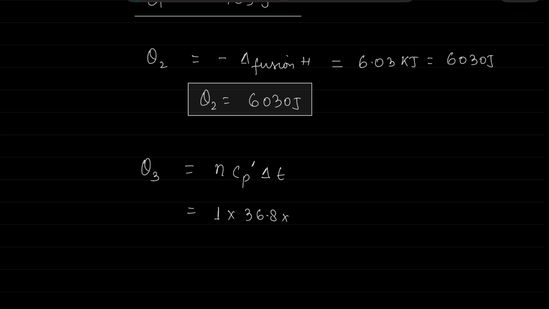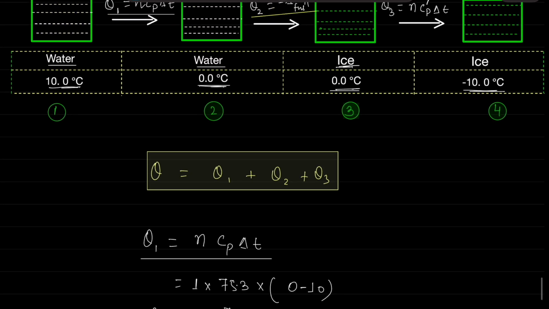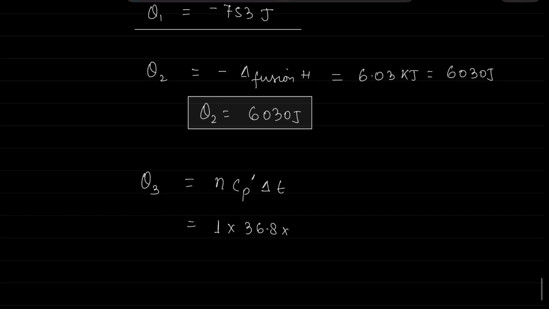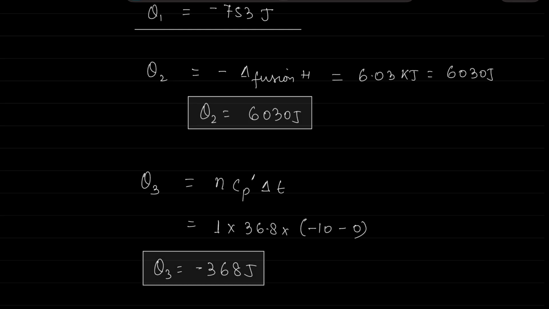And what is the change in temperature? Final is minus 10 and initial is 0. So final minus initial, minus 10 minus 0, is equal to minus 368 joule. So this is the value of Q1, Q2 and Q3.